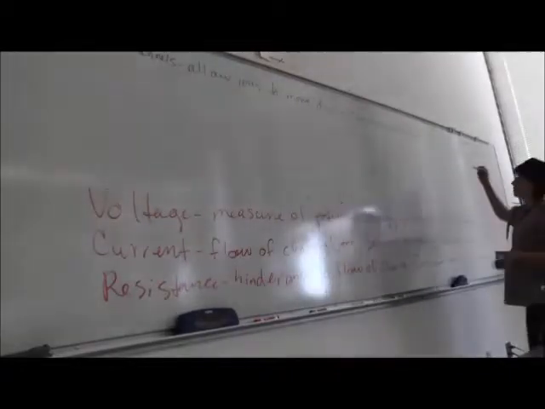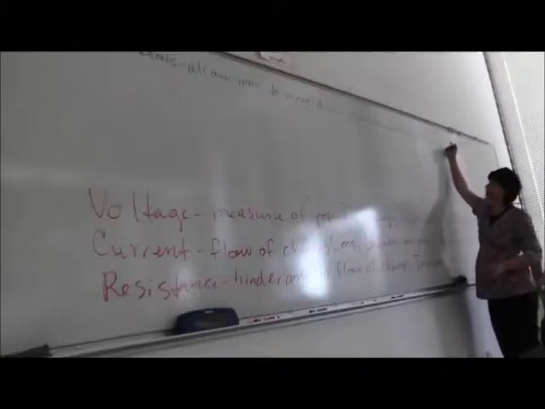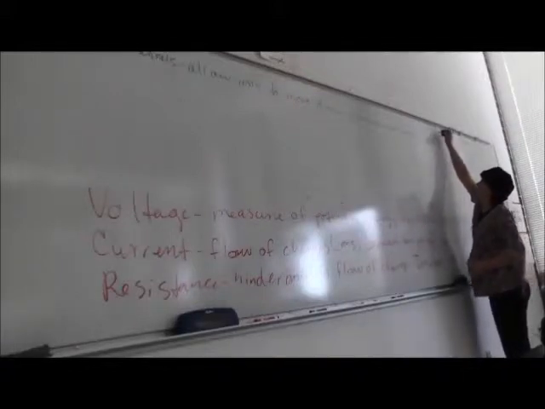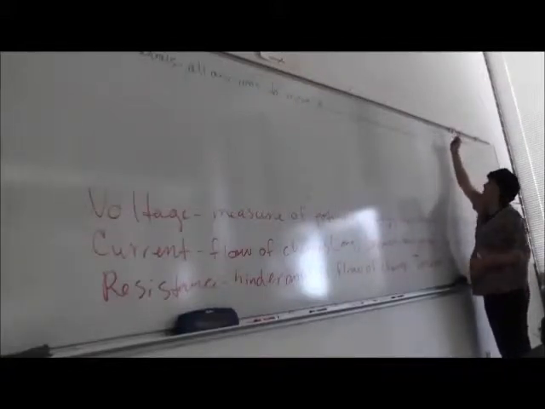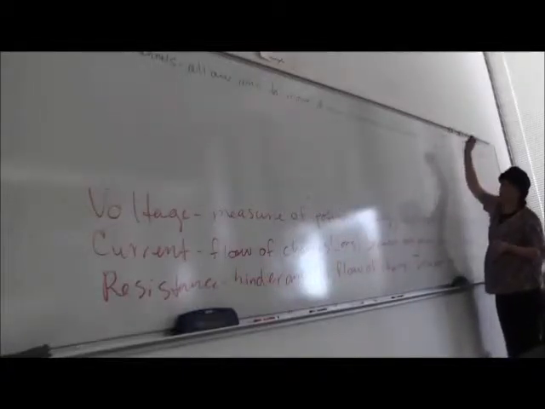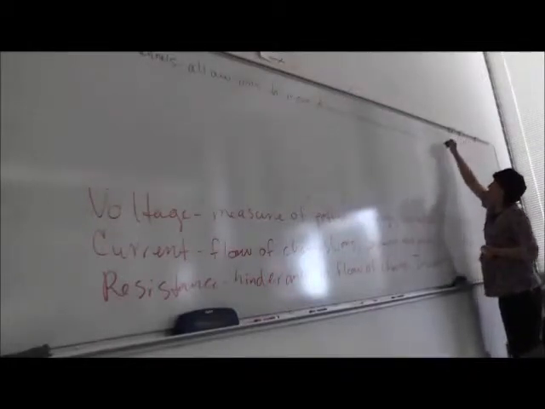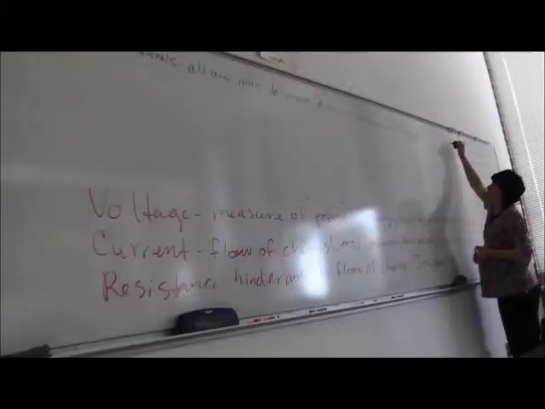Pumps move things up the concentration gradient, and so they require energy, so they use ATP. There are 2 pumps that we're going to talk about, so we'll just give a general definition for now. Our pumps actively pump ions against their concentration gradient.